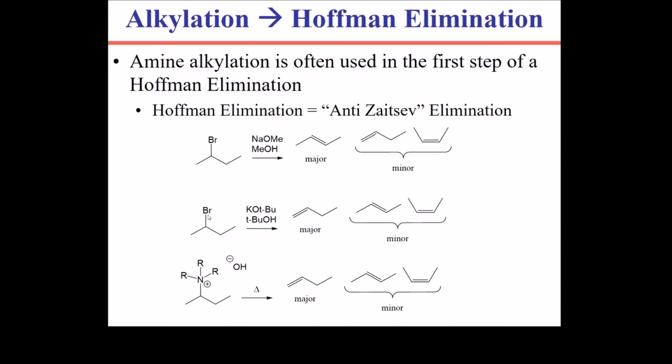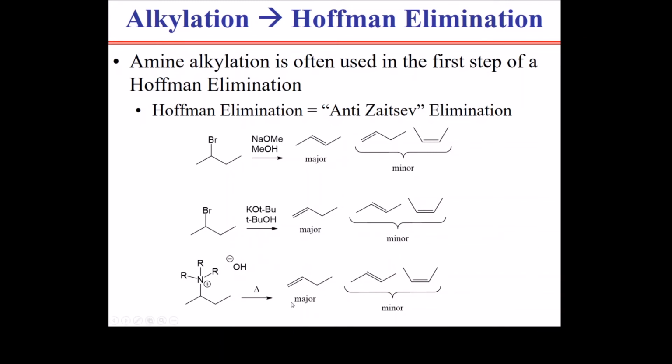This is a case where the leaving group isn't bulky, it's the base that is bulky. And that produces this anti-Zaitsev or Hofmann elimination product. What we're going to look at today are large, bulky leaving groups and how they have a tendency to produce a Hofmann elimination product, or a product where the alkene is less substituted than other alkenes that you could potentially form by eliminating that same leaving group.